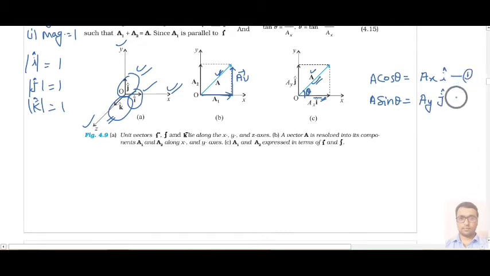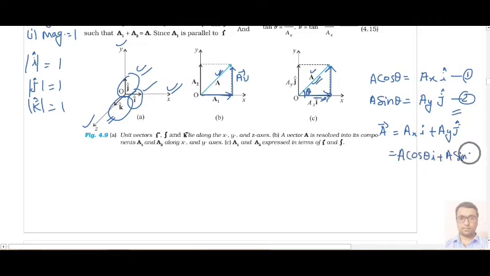With the help of these two equations, we can resolve any vector into its components. Also, by the law of triangle, we can write that vector A is Ax i cap plus Ay j cap, or you can write it as A cos theta i cap plus A sin theta j cap.